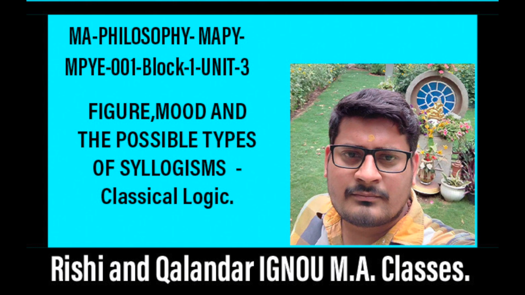We should not fail to notice the close similarity between enthymeme and Swarthanuman and Pararthanuman, inference for self and inference for others. The question can be answered in this way also: syllogism is formal and enthymeme is informal. Choice is subjective.